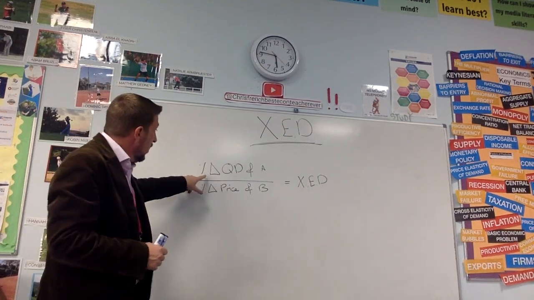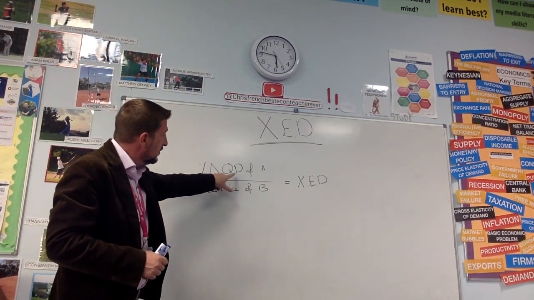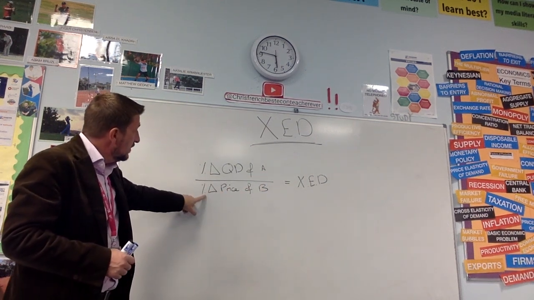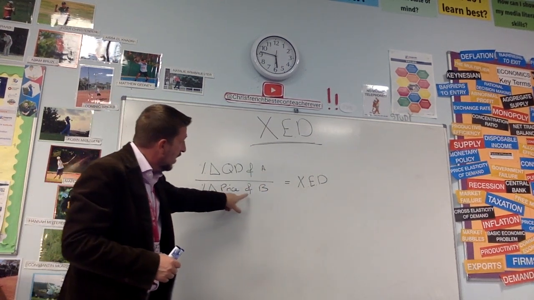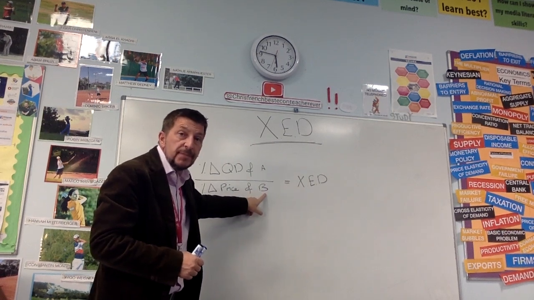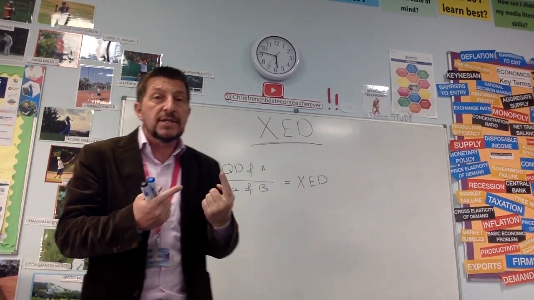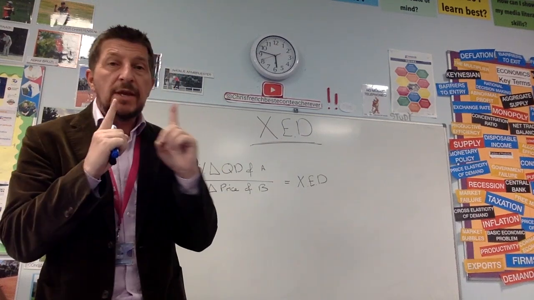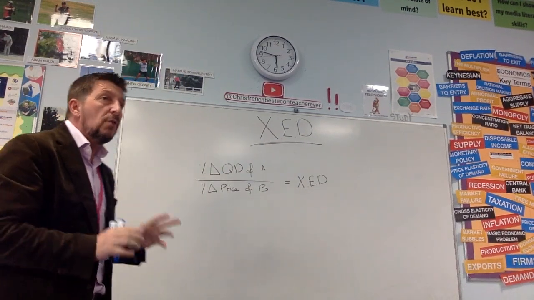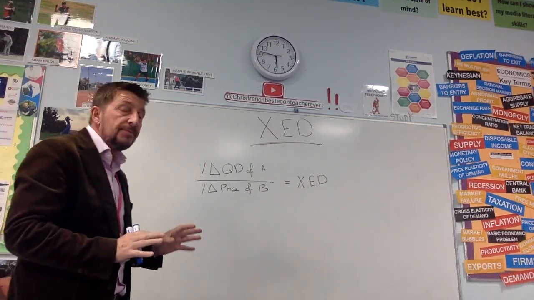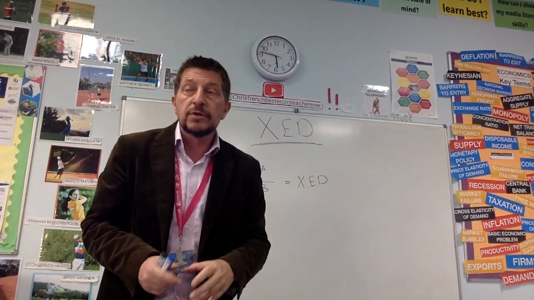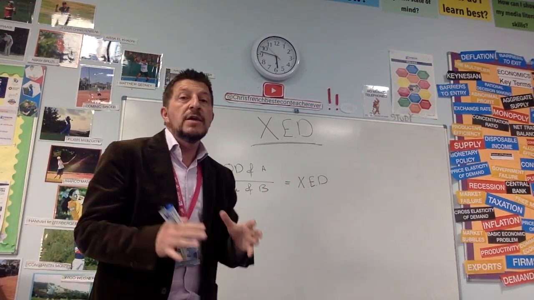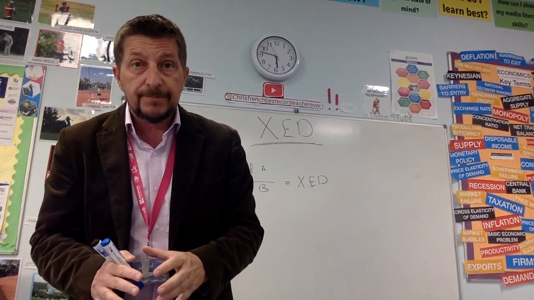So we say, what is the percentage change in quantity demanded of A when there is a percentage change in the price of B? So we are introducing this idea that we're going to compare the relationship between two products. And really what that's going to do is tell us, are these products substitute goods or are they complementary goods?